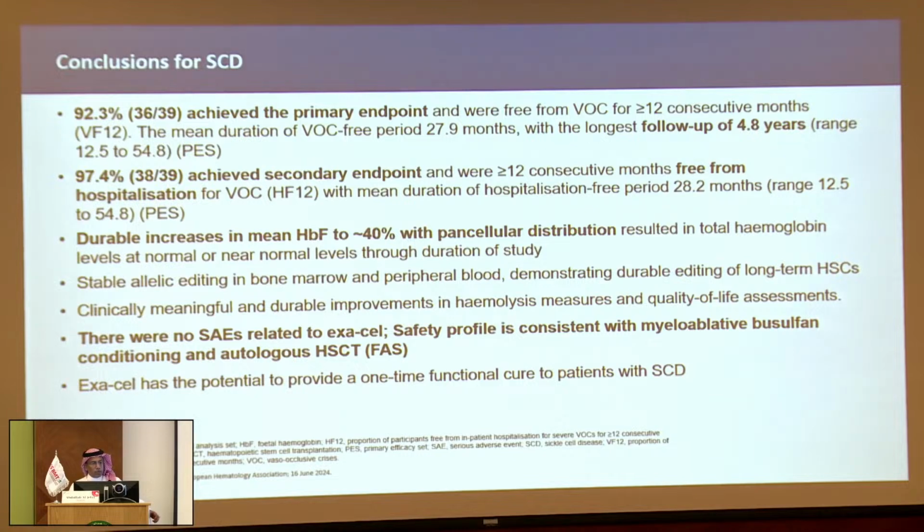The durable increase in hemoglobin F of more than 40% with pancellular distribution resulted in total hemoglobin levels normal or near normal throughout the duration of the study.